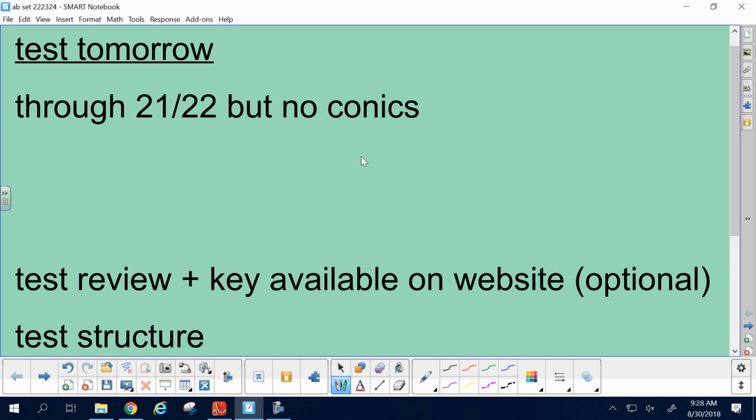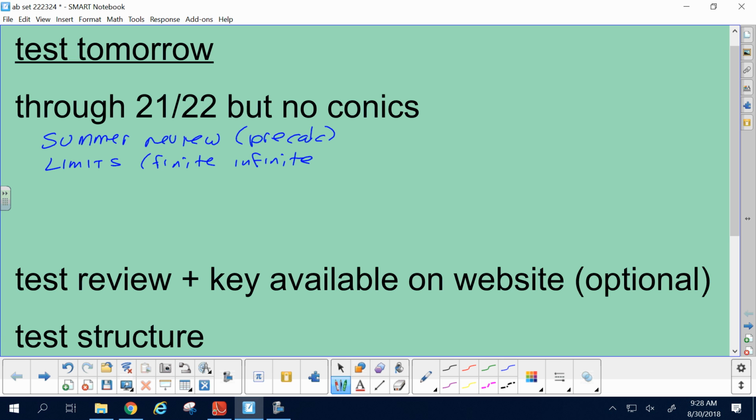I will say just basically this, it'll cover the summer review, which was meant to be a ton of pre-calculus practice. It'll cover limits, both finite and infinite, and all the various problems that go with that. It'll cover then continuity.